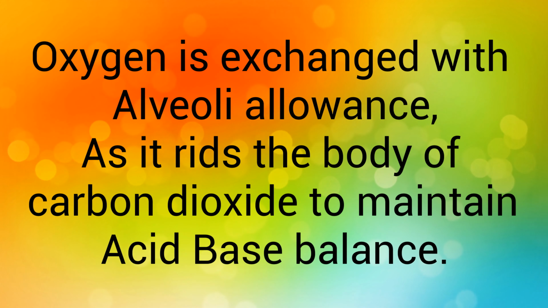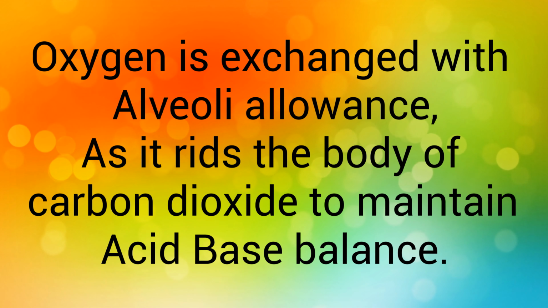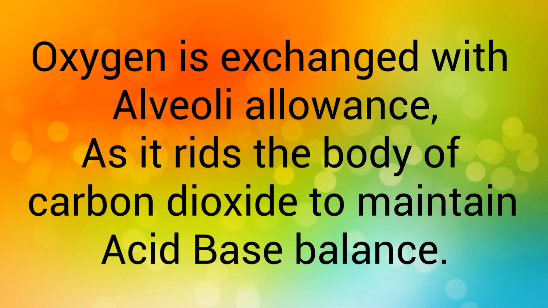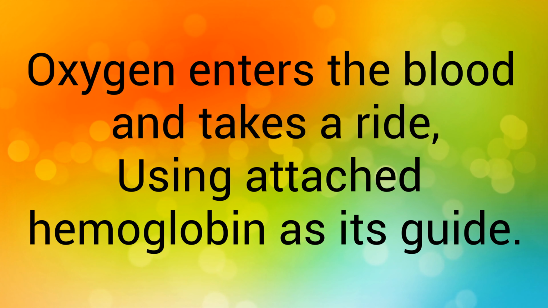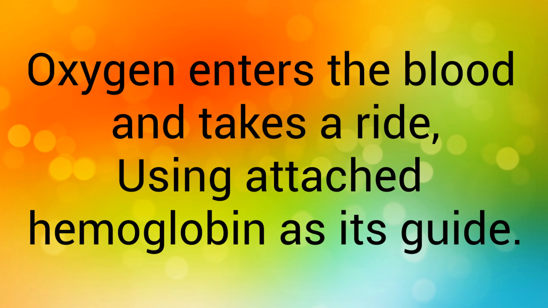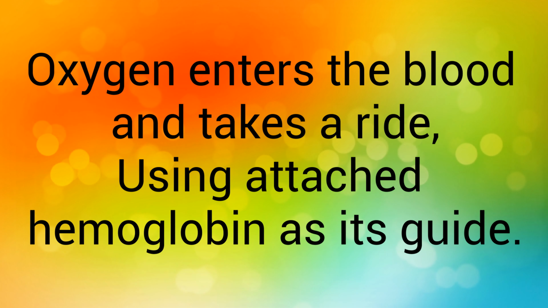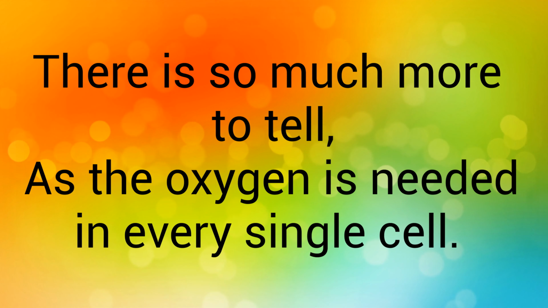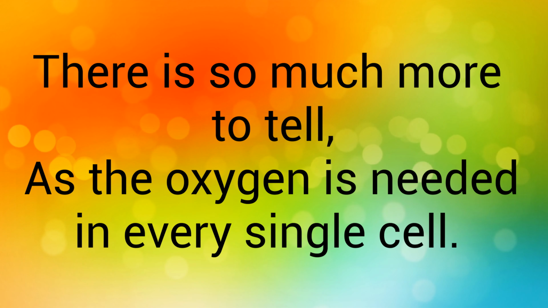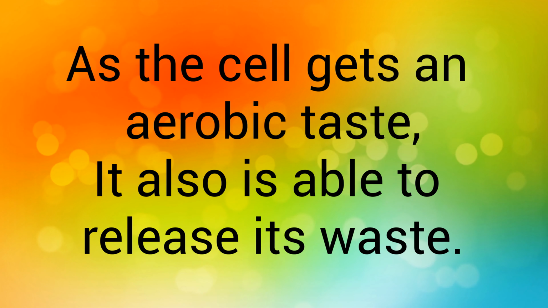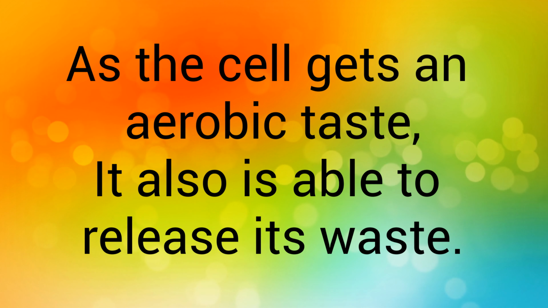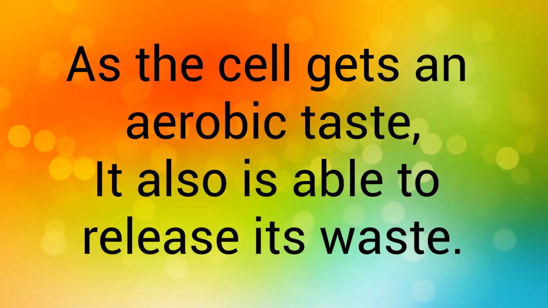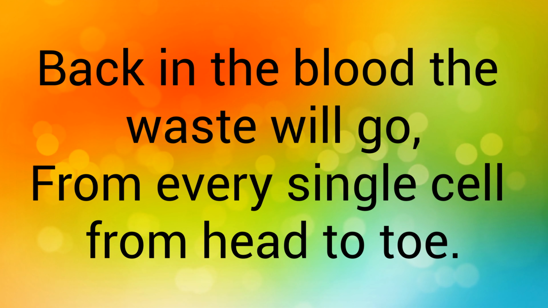Oxygen is exchanged with alveoli allowance as it rids the body of carbon dioxide to maintain acid-base balance. Oxygen enters the blood and takes a ride, using attached hemoglobin as its guide. There is so much more to tell, as the oxygen is needed in every single cell. As the cells get an aerobic taste, it also is able to release its waste. Back in the blood, the waste will go.